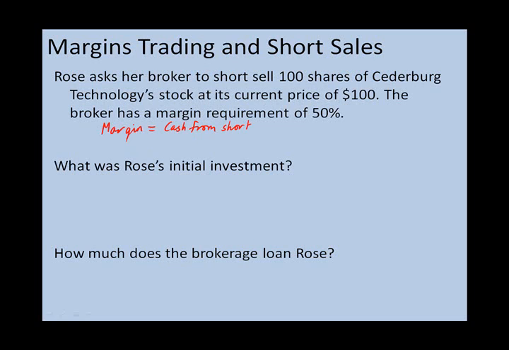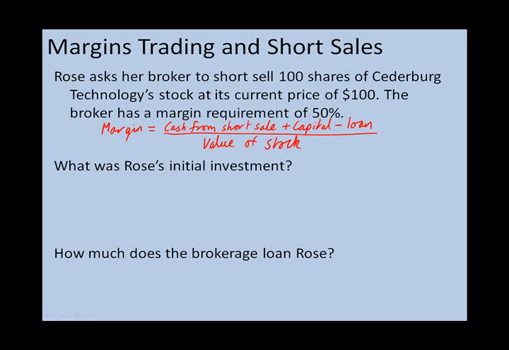So if you short sell a stock, you get the cash initially, plus the capital that you invested into your account, minus the loan from the brokerage, and all of that is going to be divided by the value of the stock. So this is our new definition for margin.